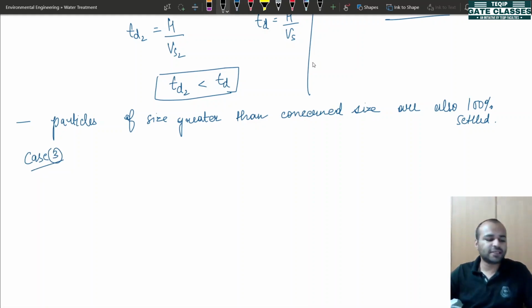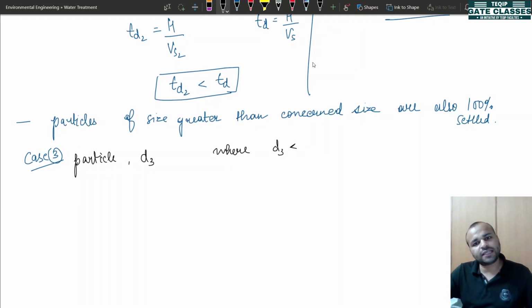In the third case, we are talking about a particle whose dia is d3, where the particle size is less than the concerned particle size, while the height remains the same.